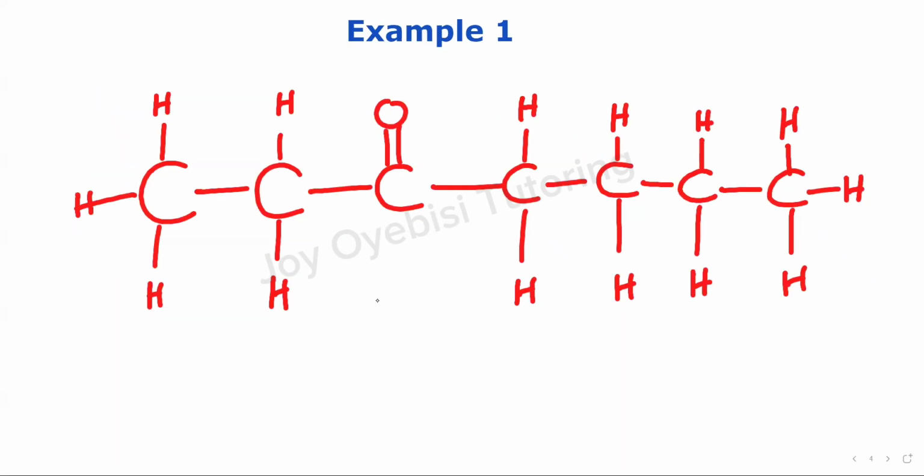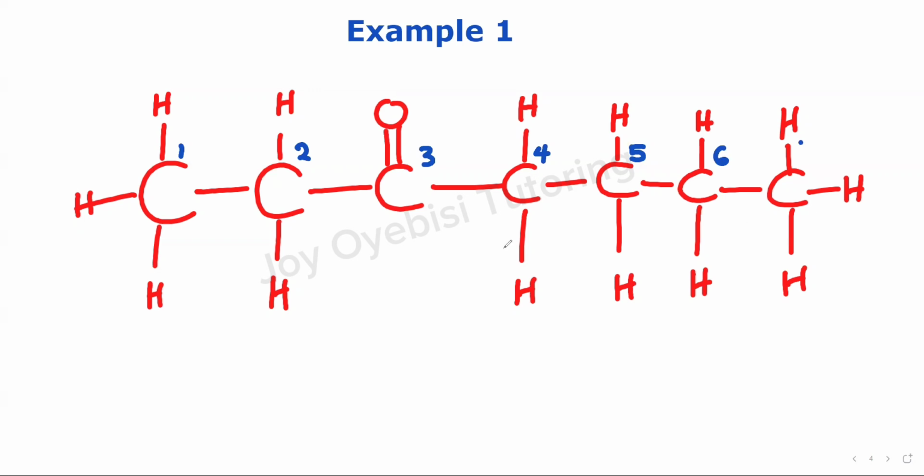Example 1, you're given this compound and you're asked to name it. The first thing to do is to identify the longest continuous carbon chain, and we're going to count from the side that gives the ketone functional group the lowest number possible. So this is 1, 2, 3, 4, 5, 6, 7.